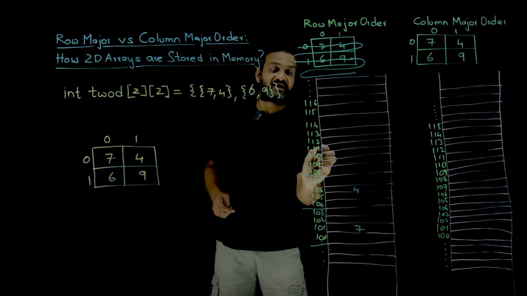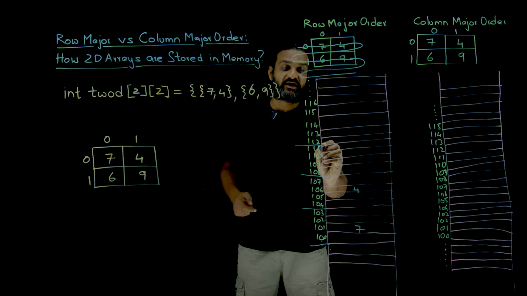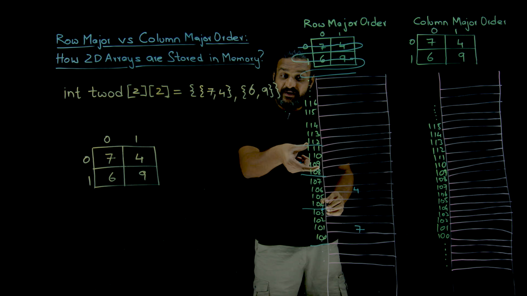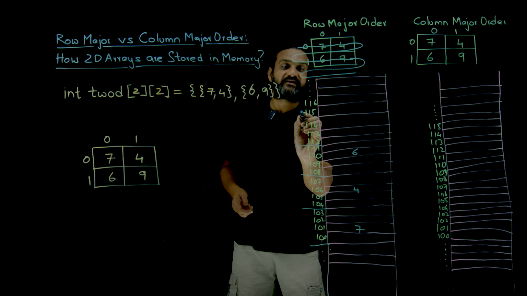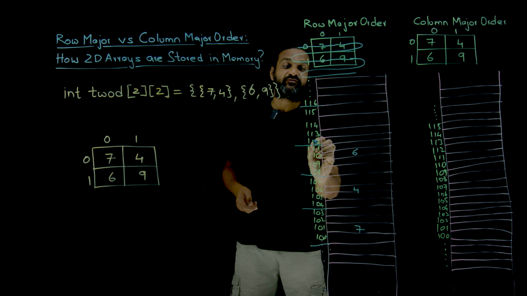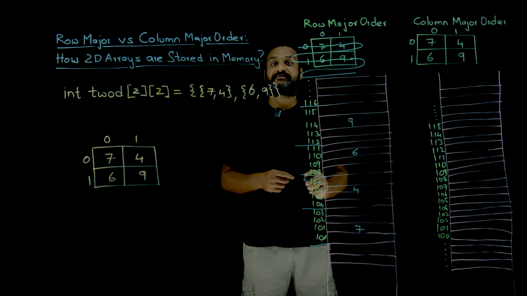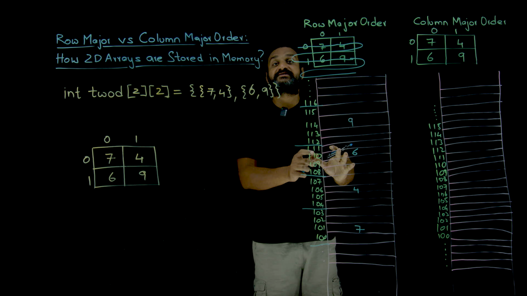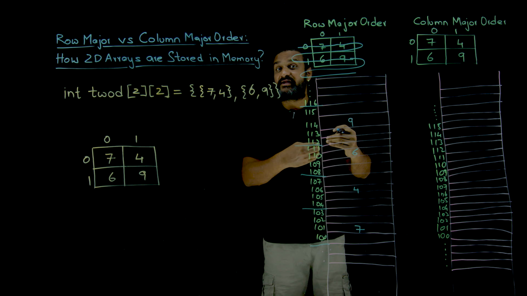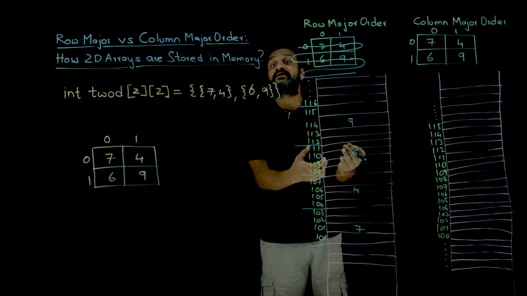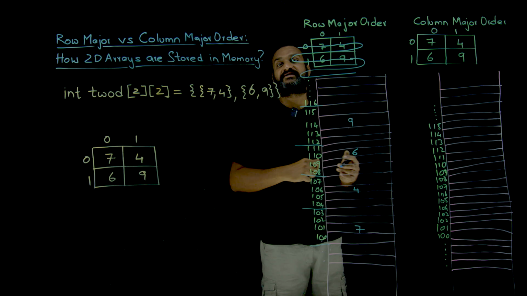The third 4 bytes of space, 108 to 111, will be allocated for 6, and the final 4 bytes of space, 112 to 115, will be allocated for 9. So this is how the elements of a two-dimensional array get stored in memory if the compiler is implementing row major order.